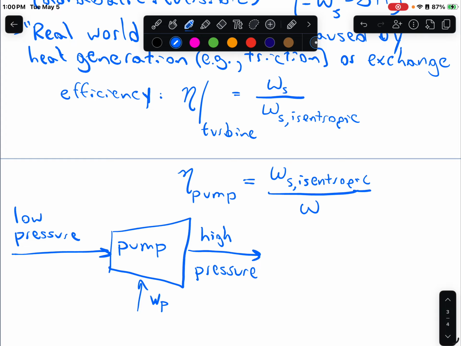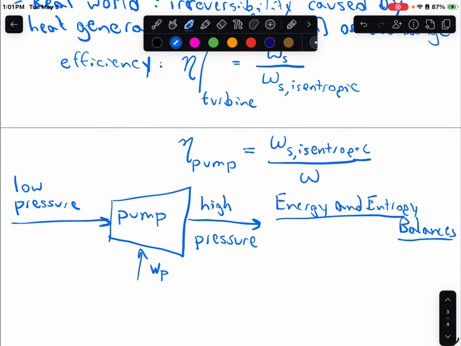So energy and entropy balances. In the case of a pump, H out minus H in is the shaft work of the pump.